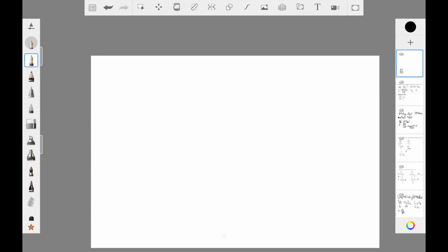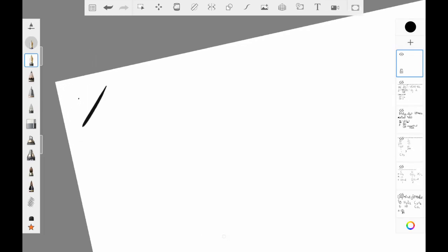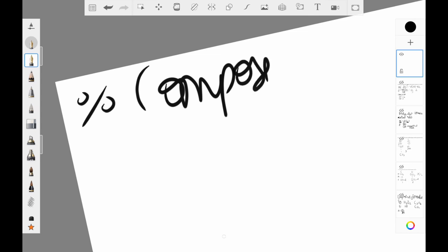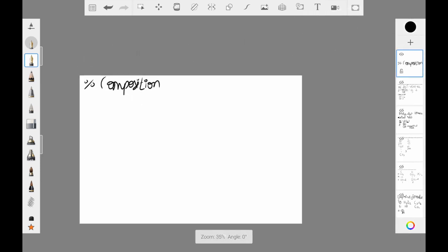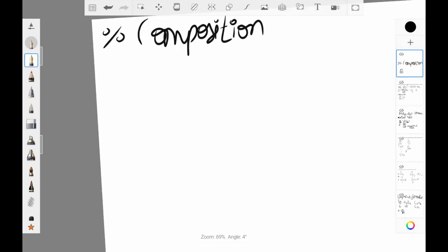Well, now we are going to be looking at the percentage composition, which basically just tells you how much of an element is present in a compound as a percentage. So the quantity of an element in a compound expressed as a percentage. Again, let's take an example.